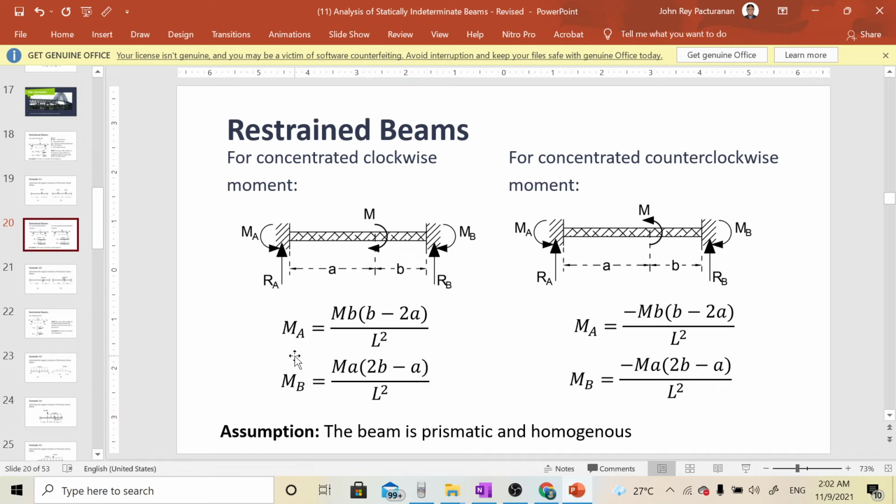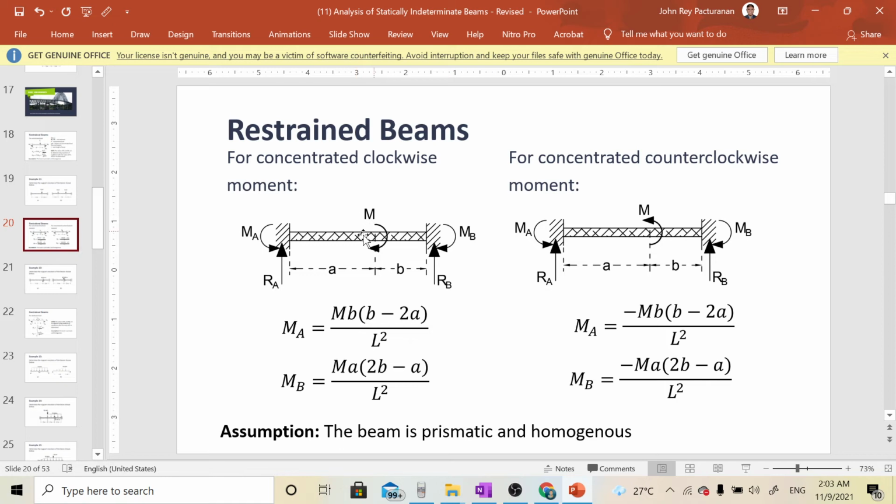Most sigurado ko dito, yung isa magiging positive, while yung other naman ay magiging negative. Okay? So, yun is something that I am sure of naman.